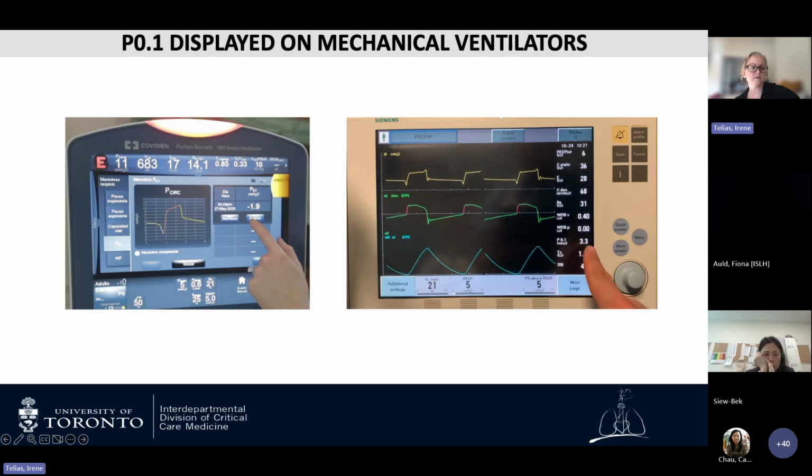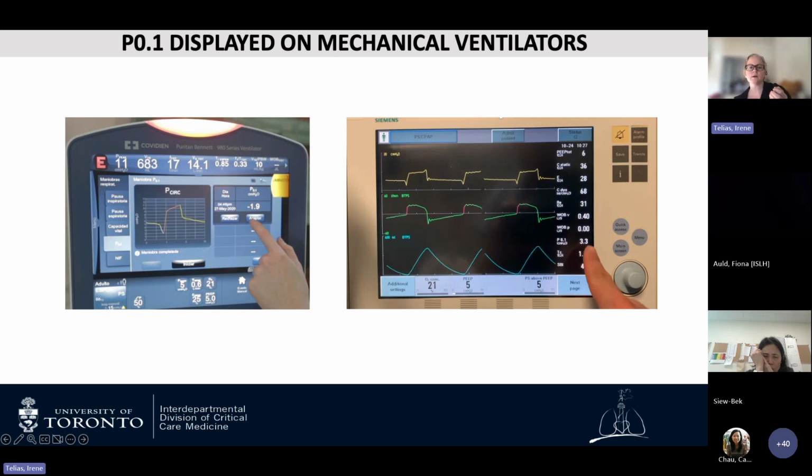The ventilator performs a short occlusion before the next breath, and it truly measures the drop in airway pressure during 100 milliseconds. And there's a second type of ventilators where the P.1 is displayed on a breath-by-breath basis, and it estimates the P.1 based on the drop in airway pressure during the trigger phase.